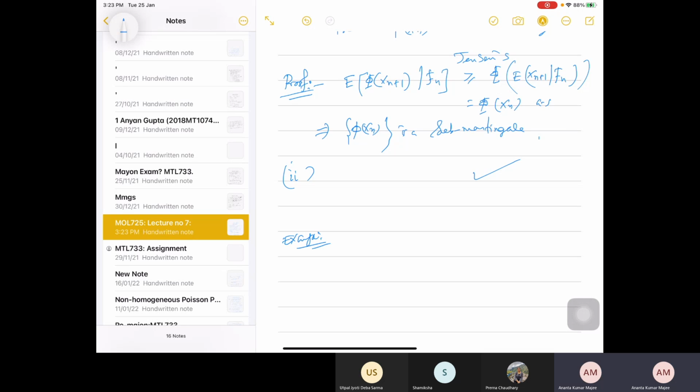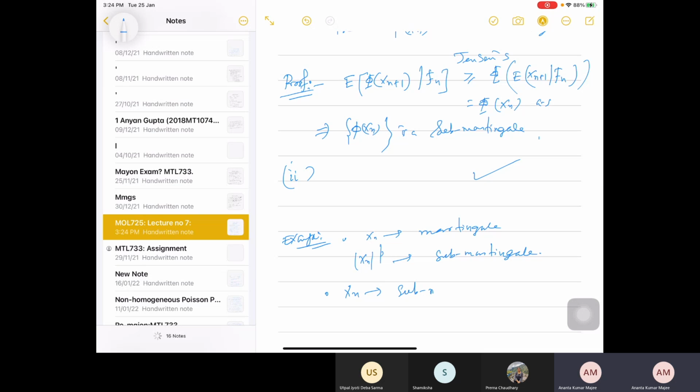Let us consider one example. What I am saying is that if my Xn is a martingale, then what can you say about Xn to the power p? This is a submartingale. Is it not? Now suppose my Xn is a submartingale, and hence if it is a martingale, then it is also a submartingale, because if it is both a martingale, submartingale and supermartingale, then it is also a submartingale.